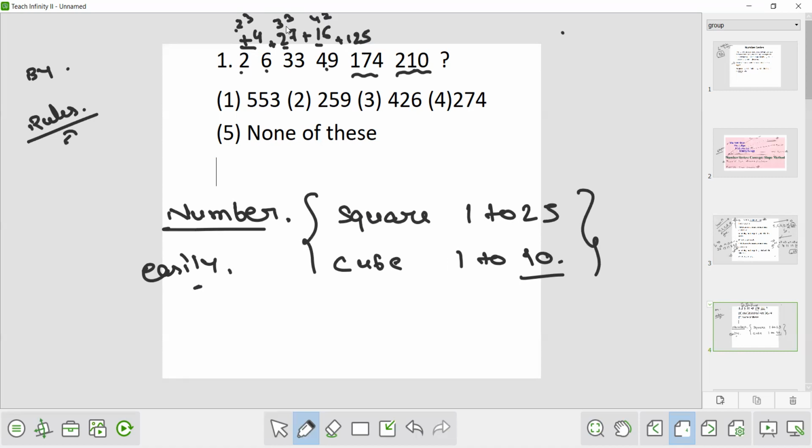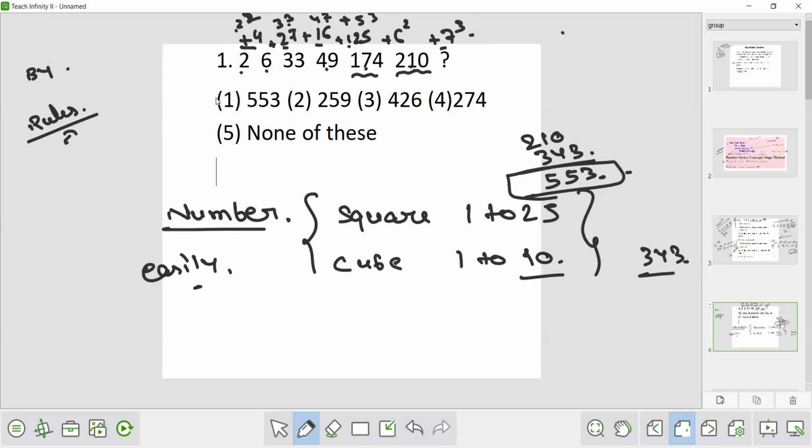It's plus 2 square, plus 3 cube, plus 4 square, plus 125 means plus 5 cube, then 174 to 210 it's plus 6 square, then it will be plus 7 cube. So plus 7 cube is 343. So add 343 to 210 and we will get 553 as our answer. So the answer will be option 1.